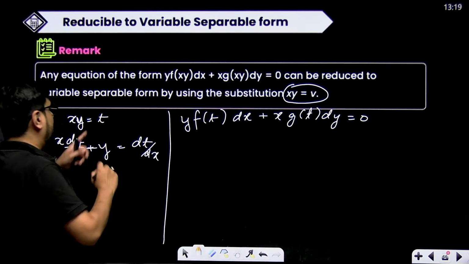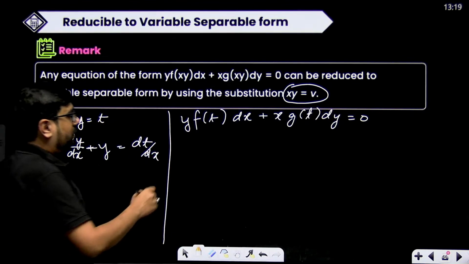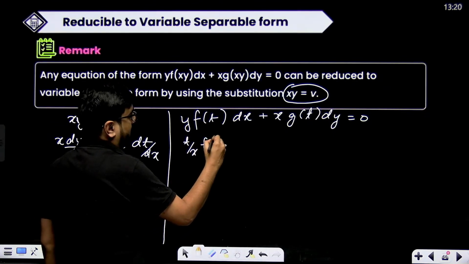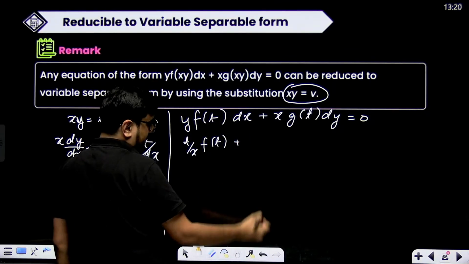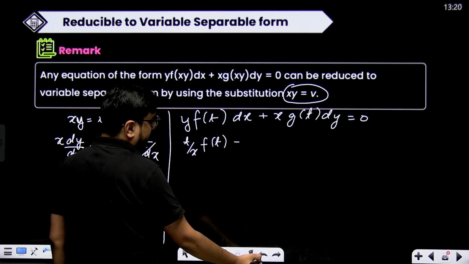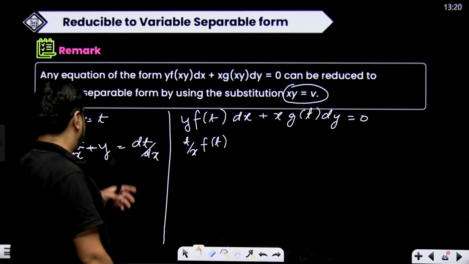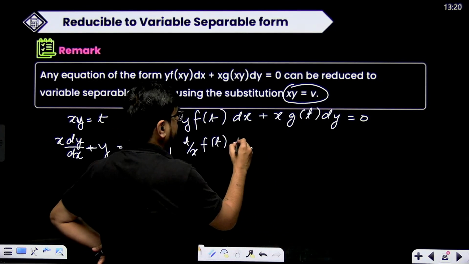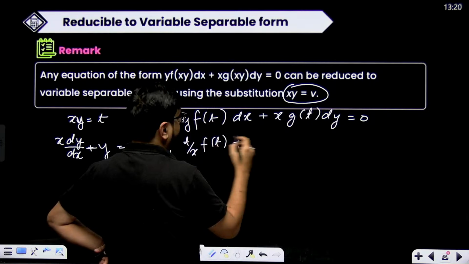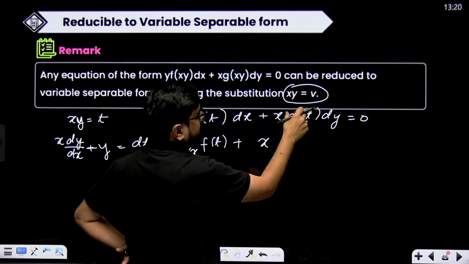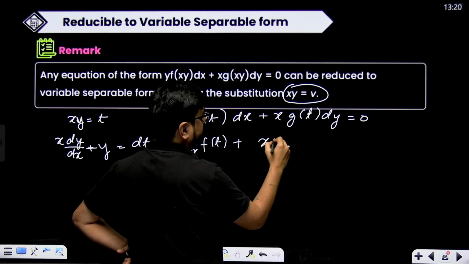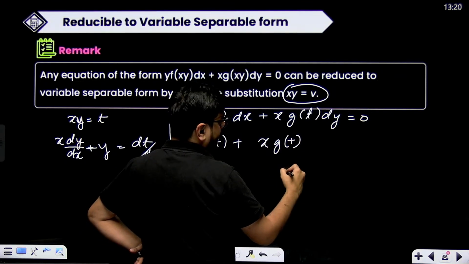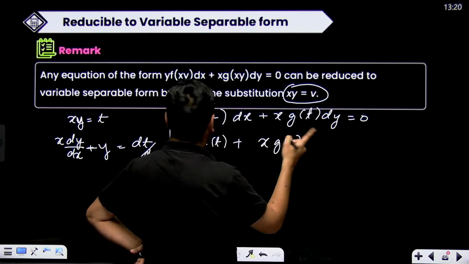Here also y will become t by x. Your y will become t by x. So let's put t by x f of t plus, dx we cannot substitute like that, but plus x g of t, or we can do something about dy.